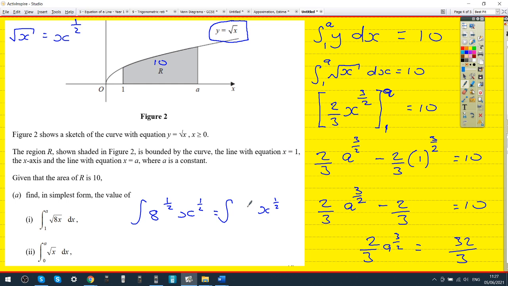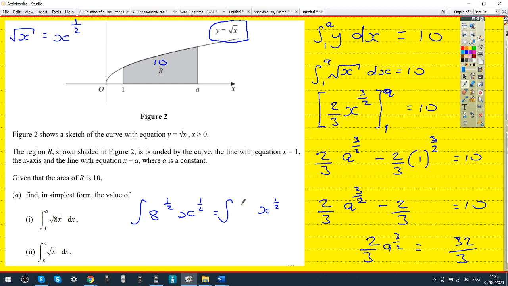A bunch of numbers. All right, so it's going to be 8 to the half divided by 3/2. And what is that? That gives you a bunch of numbers. 8 to the half, and then divide by 3/2.